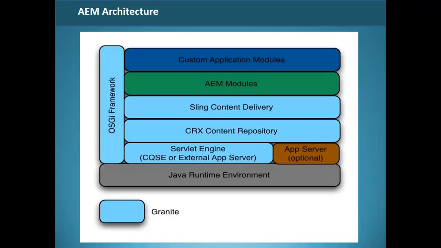In other systems we use a database; here we are using the CRX content repository, where all the content can be stored, modified, and deleted. It's a physical existence, and this CRX also has some capabilities of accessing that data. And on top of that, Sling content delivery.